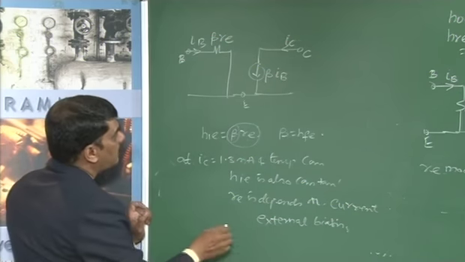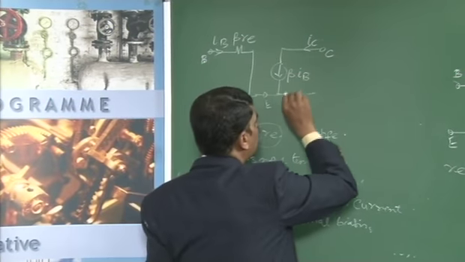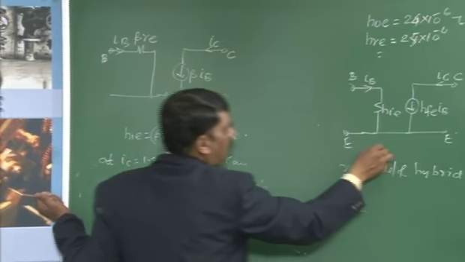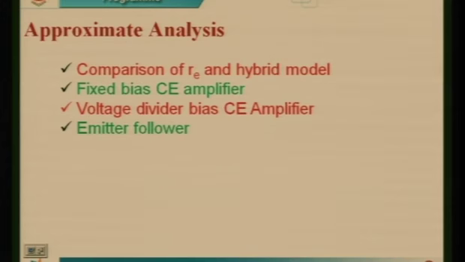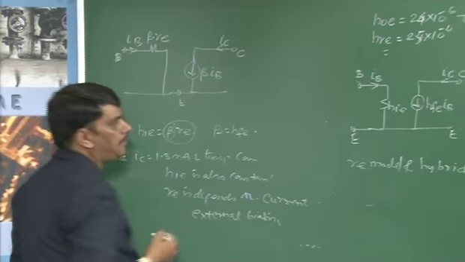This is one of the drawbacks of the RE model. If this model is valid, then the analysis of the RE model and the simplified hybrid model are equal. This is the comparison of the differences between the RE model and the simplified hybrid model.